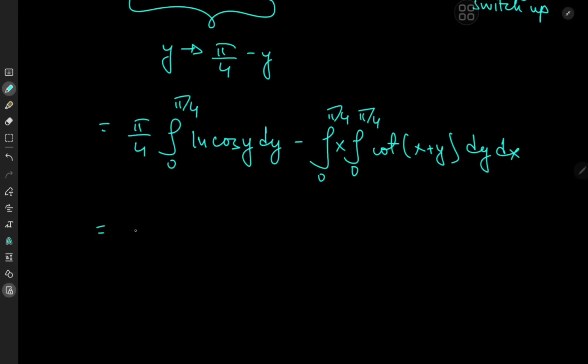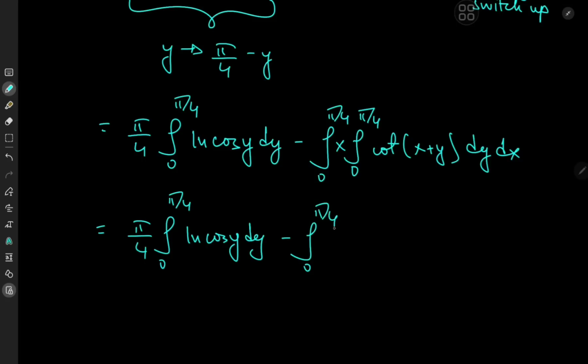So that means we have pi by 4 times the integral from 0 to pi by 4 of log cosine y dy, we can just rename the dummy variable to whatever we want, minus the integral 0 to pi by 4 of x times log sine of (x plus y). The limits for the y variable are 0 and pi by 4.